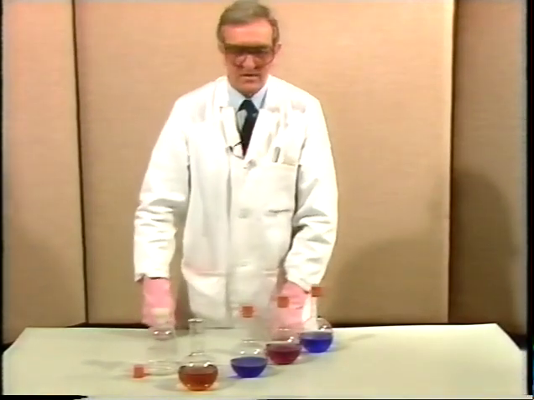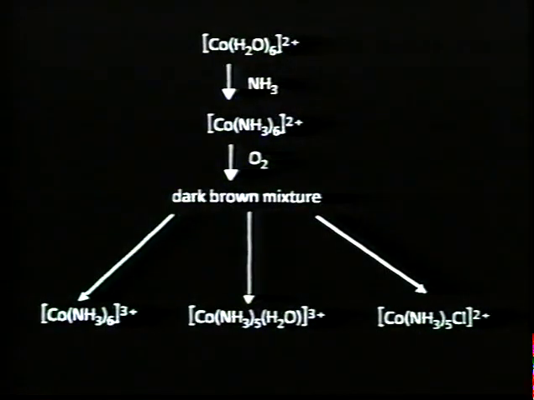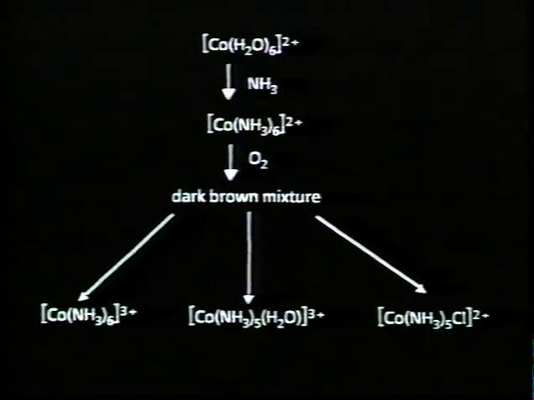If we have a look at the scheme, we can see that the pink cobalt ion, first of all, became the cobalt hydroxide, which dissolved in excess of ammonia to give the hexaamine cobalt 2 plus ion, which was a pale straw colour. And then, as we admitted oxygen, it went to a dark brown mixture. Now, the principal species present in the mixture is the hexaamine cobalt 3+ ion, and this species is yellow.